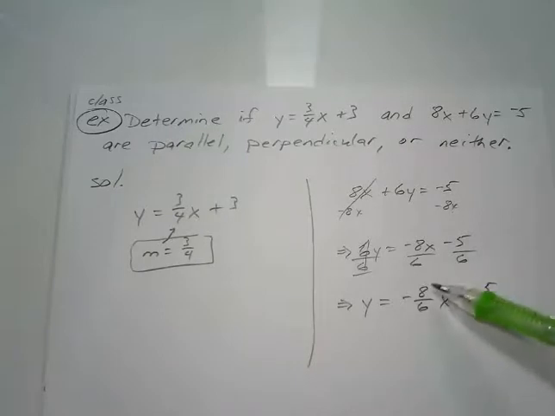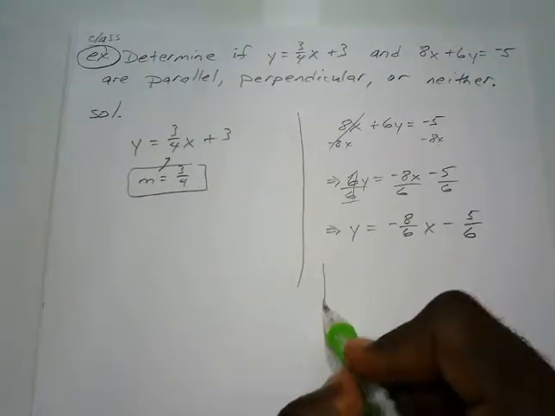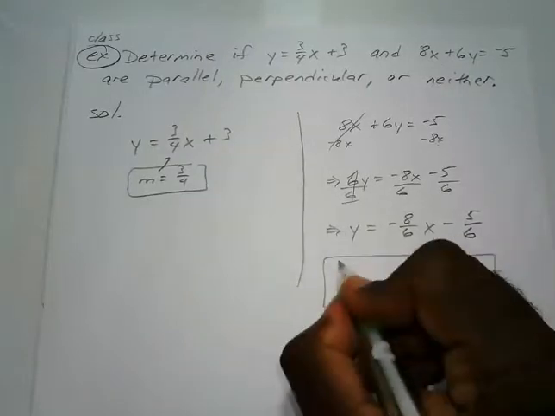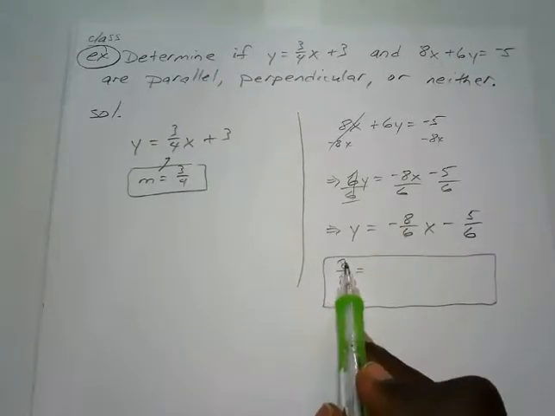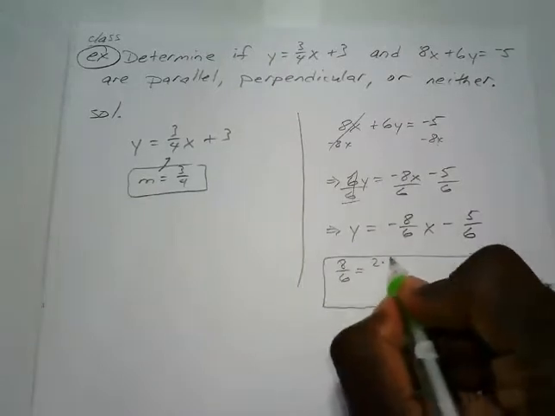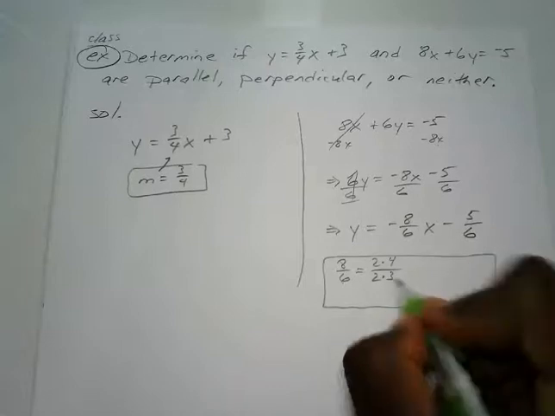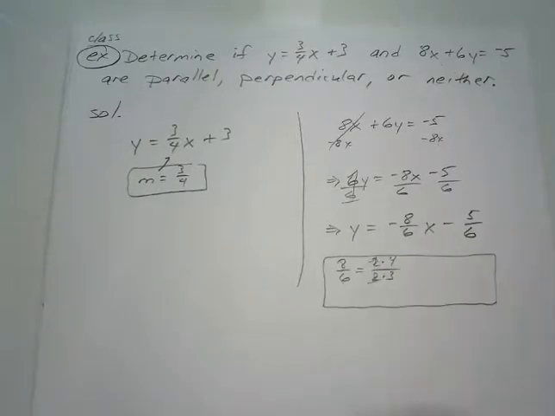Okay, now remember, 8 over 6 can be simplified. So we're going to move that up, and we'll see that 8 over 6, remember 8 is just 2 times 4, and 6 is just 2 times 3. Okay, and those 2's cancel each other out.